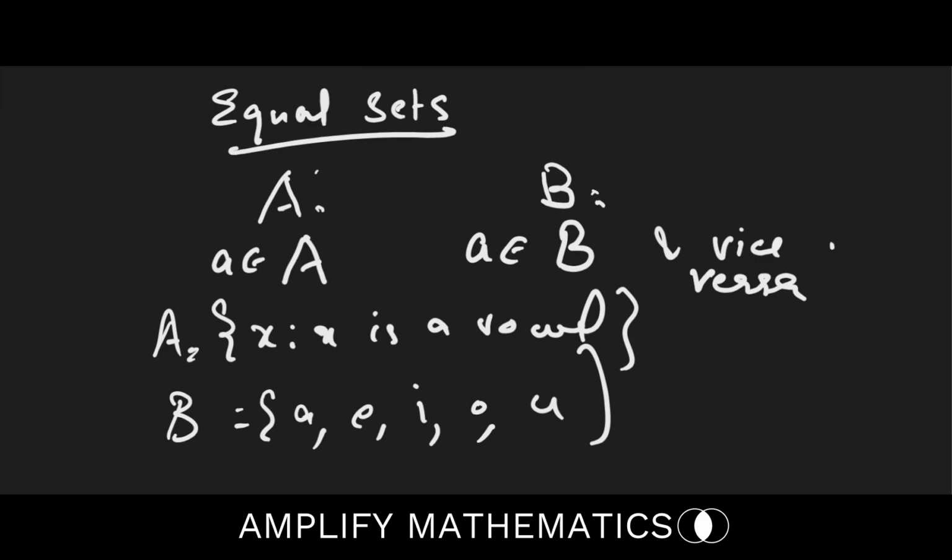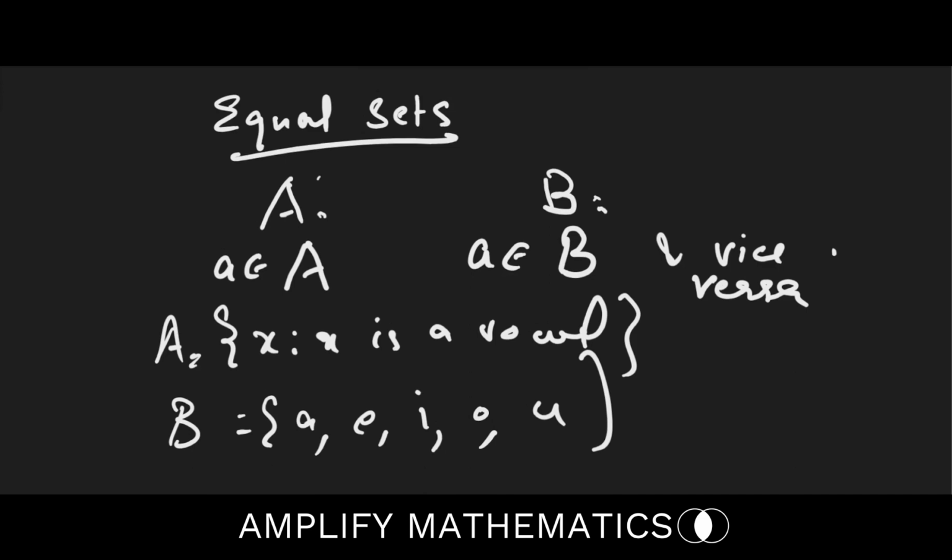If every element of the first set is present in the second set and every element of the second set is also present in the first set, then we say that the two sets are equal. So basically two sets are equal if they have exactly the same elements.